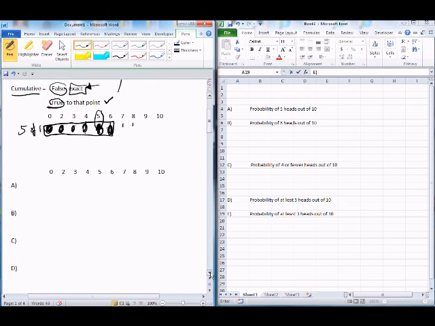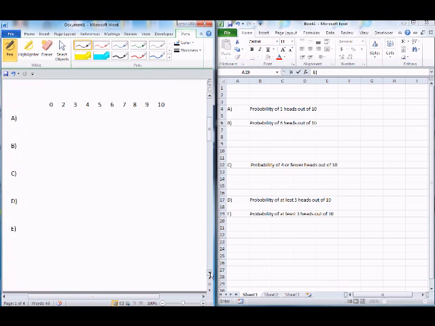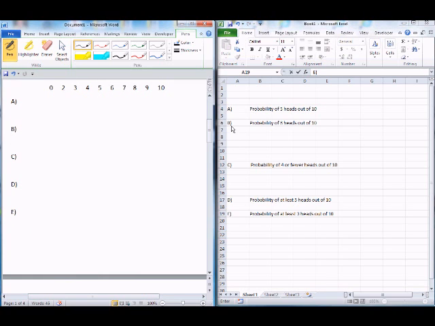Okay, so let's take a look at the probabilities. Let's do the probability of 5 heads out of 10. First of all, there's a couple of things we need to know. What is the probability of getting a head or a tail? A coin has two sides.